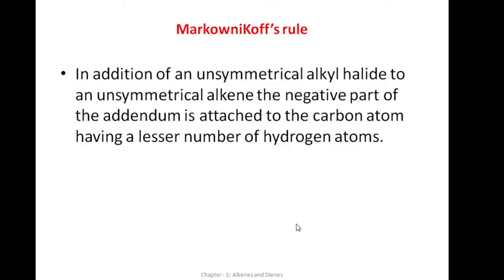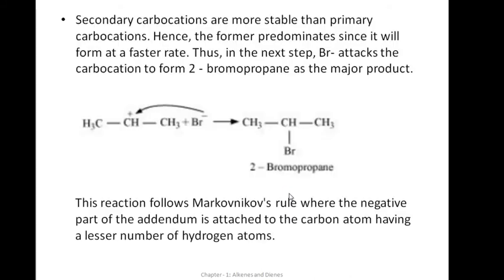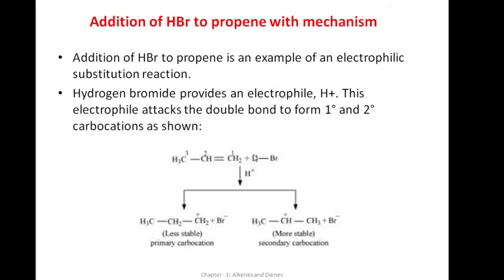Once again, let us look at Markovnikov's rule. Markovnikov's rule says that in addition of an unsymmetrical reagent to an unsymmetrical alkene. Check here, this is an unsymmetrical alkene.